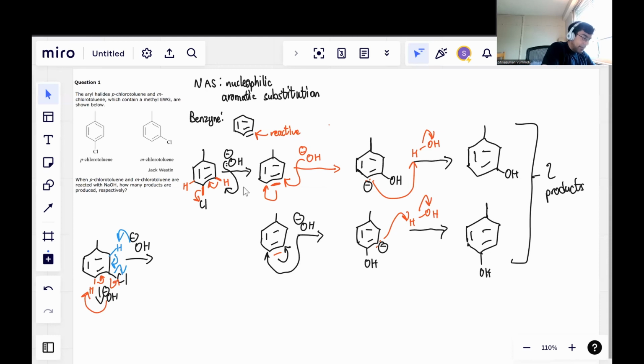So when that happens, you can actually get two different benzynes.